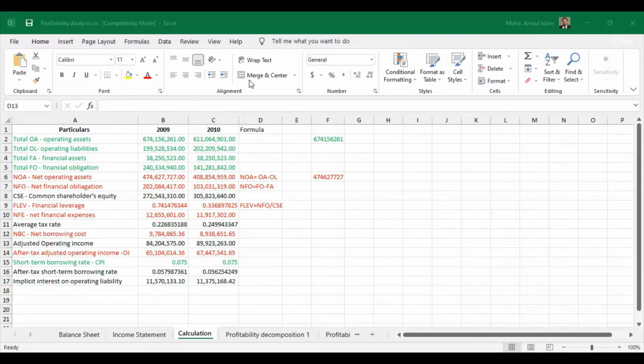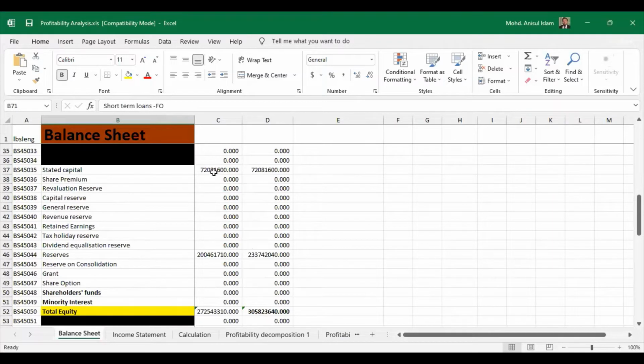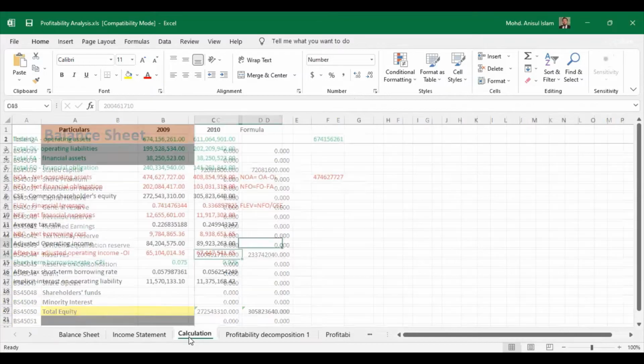Farmida, thank you. So we can also get this number, the common shareholders' equity, by summing up here. You can see this one, stated capital and the reserve. These are common shareholders' equity items.